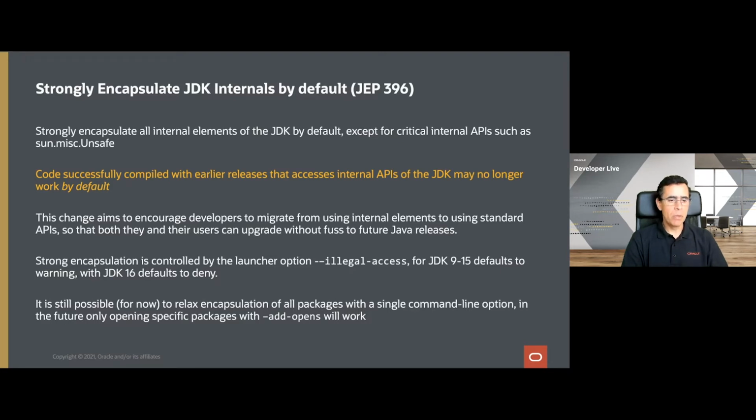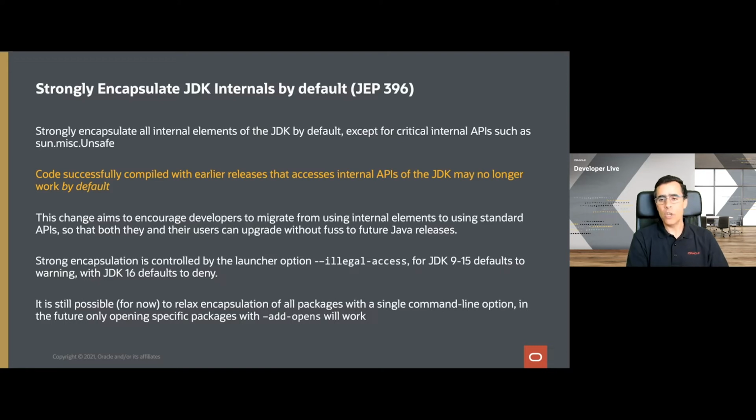Now, most internal APIs were being used just for convenience. So those you should be moving to a different alternative. Now, if you're still running programs that use internal APIs, it will be possible to pass a single command line option that will make JDK 16 behave as JDK 15 and earlier did.